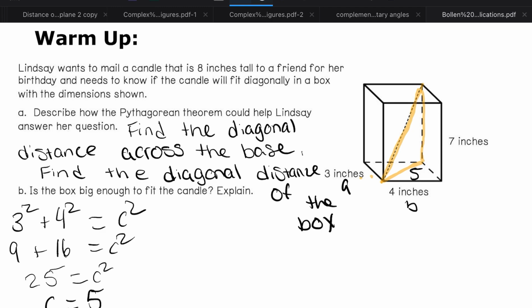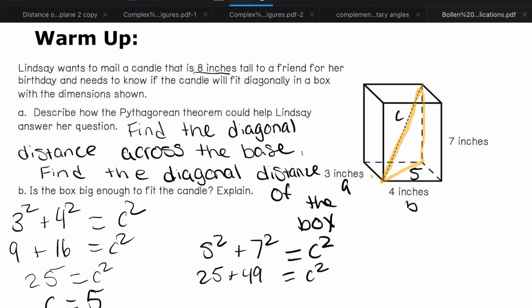So then you have 5 and 7 as the legs of this other triangle here. So then you have 5 squared plus 7 squared equals c squared. And this is your c squared that you're trying to figure out if it's over 8 inches.